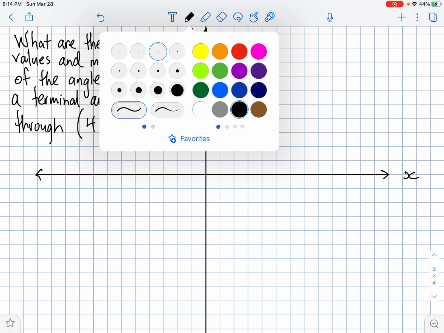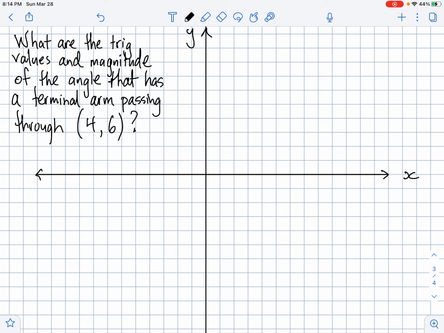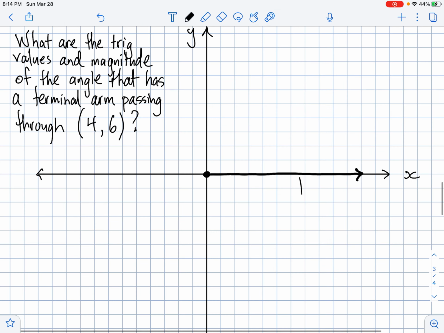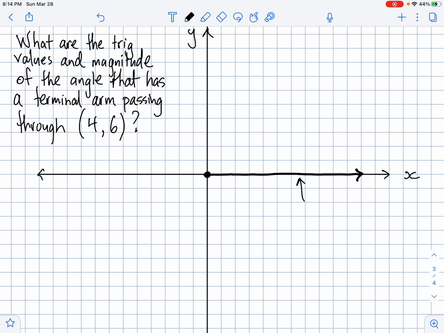Well, the assumption in that question is that you know the initial arm is there. Okay, so the initial arm, and let me just label it. Because it's always there. It's always on the x-axis.